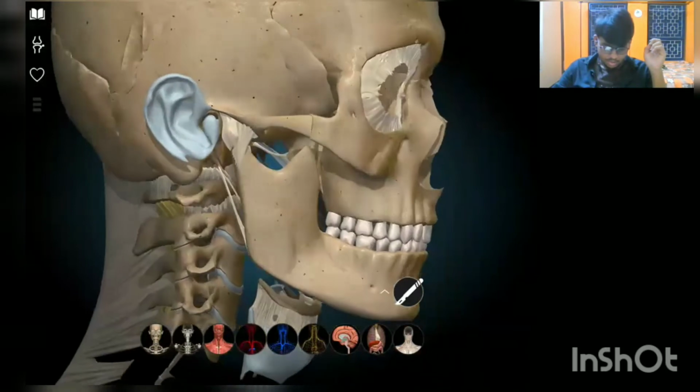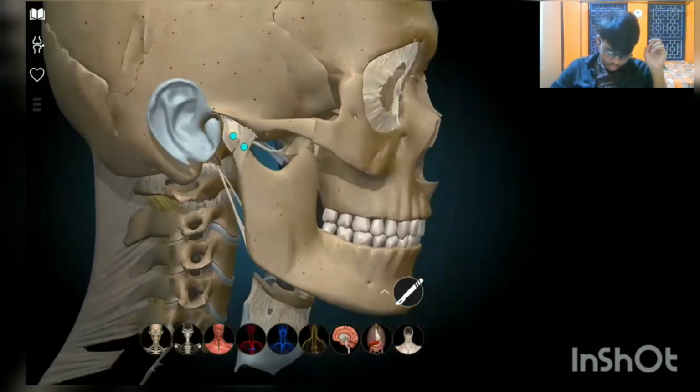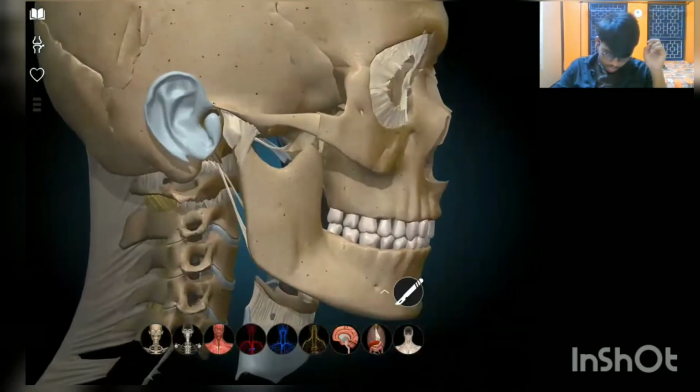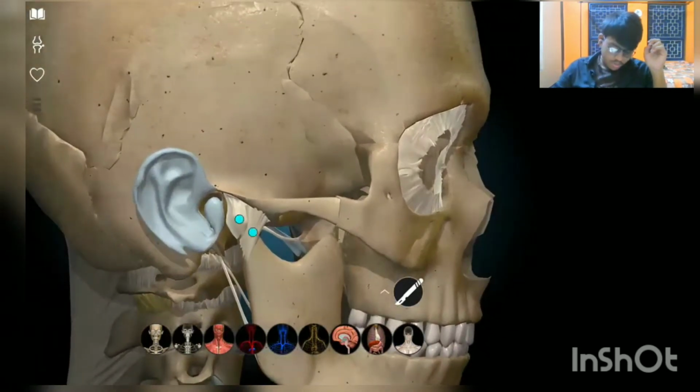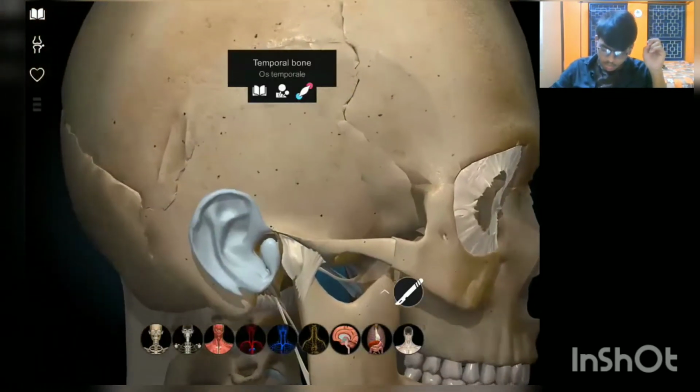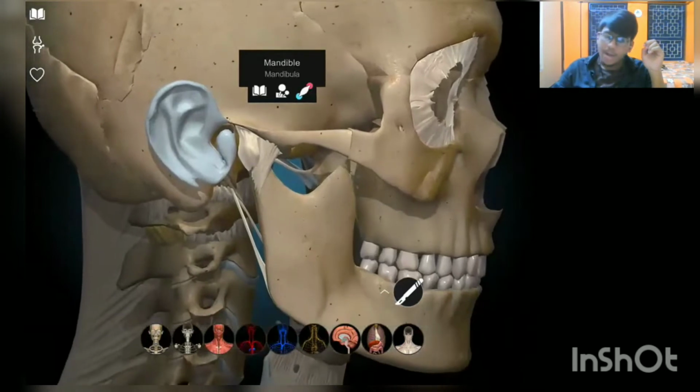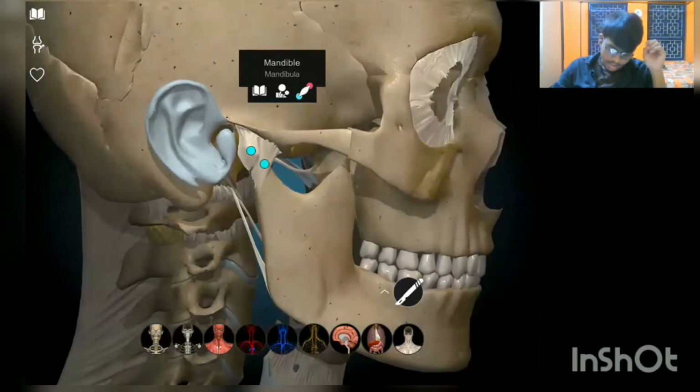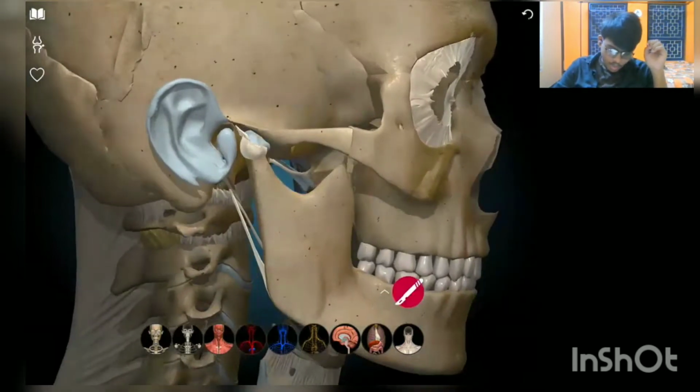Okay. Now let's see. This bone is my temporal bone, and this bone is my mandible bone. And here is my temporomandibular joint.